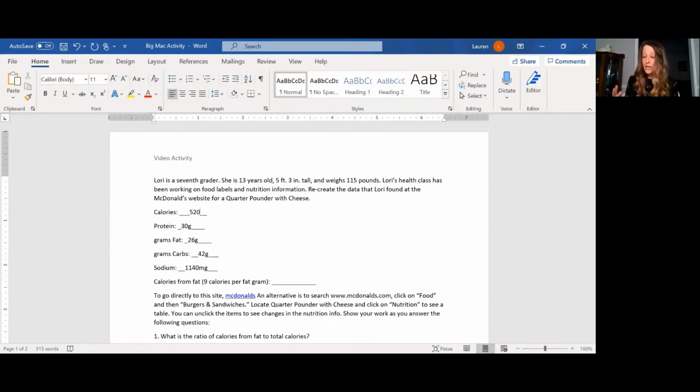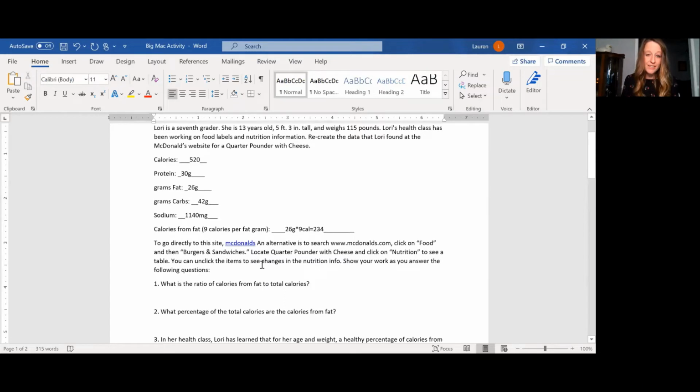And so we're saying that, okay, we have 9 calories for each one of those grams. And it's pretty easy to calculate a close estimate of the amount of calories that is being contributed by the fat content of our Quarter Pounder with cheese. So we had 26 grams, and we multiply that by 9 calories per gram. And so we would get a total of 234 calories from fat that we're going to see here with our Quarter Pounder with cheese.